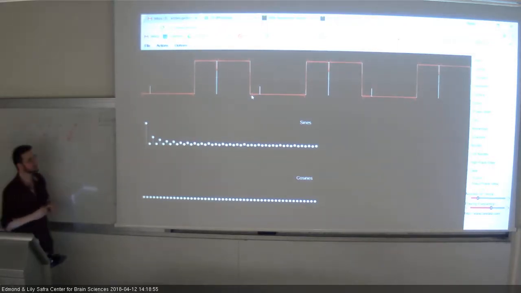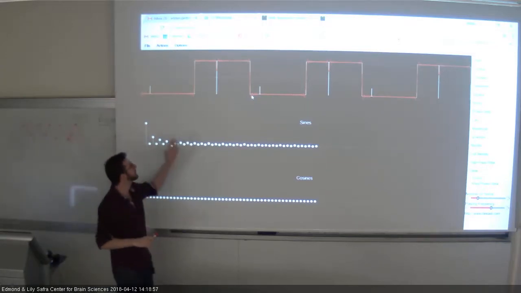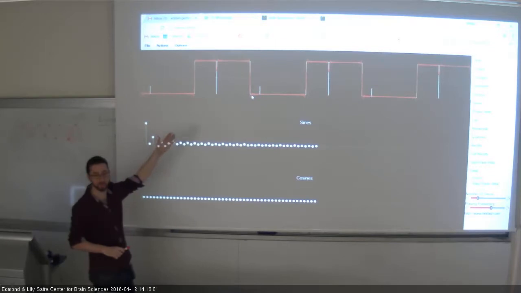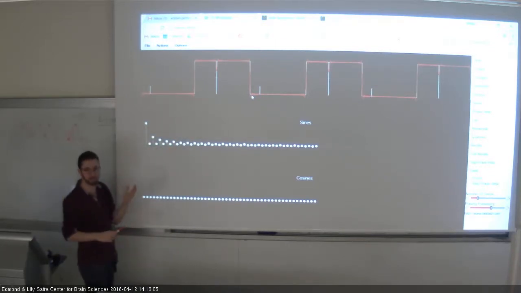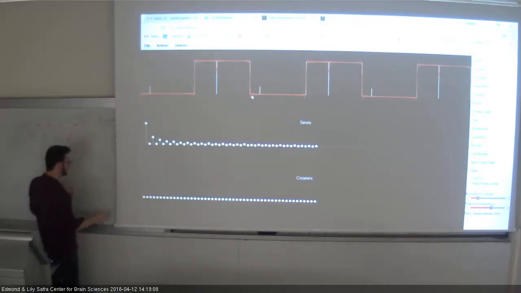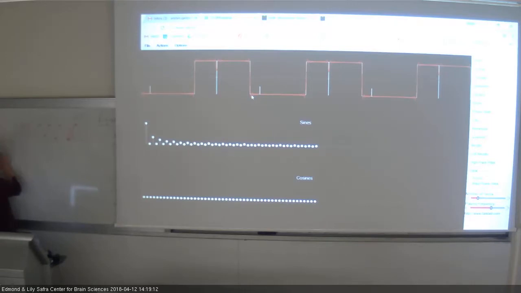Okay, so while it's true that we're not really representing a true square wave here because there's all these squiggles, the square wave wasn't really square to begin with because it was also sampled. It wasn't sampled with infinite resolution, right? It was sampled at these time points.